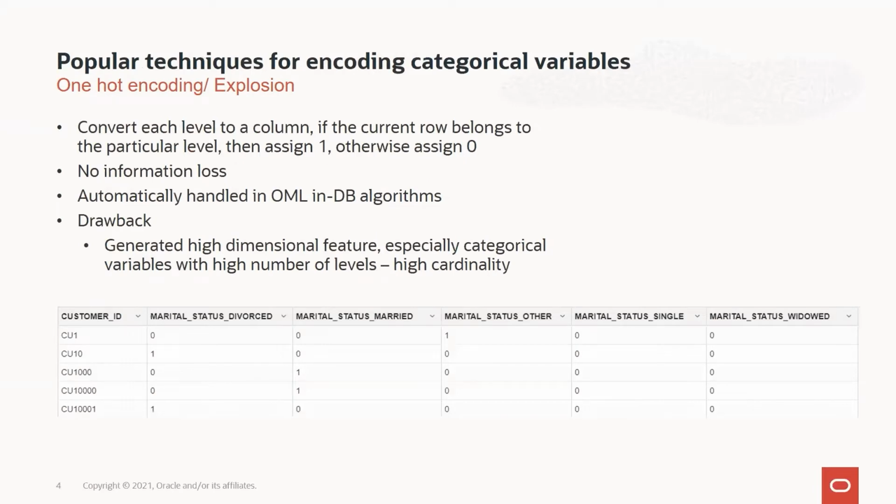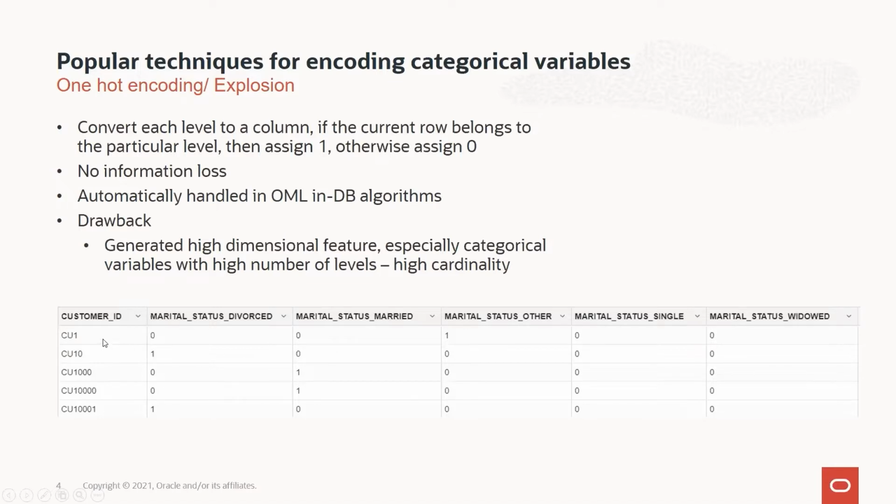There are several popular techniques for encoding categorical variables. The first is one-hot encoding, of course. The idea is we convert each level to a column, just like pivoting. For example, originally we have 4 levels, and now we have each level as a column.